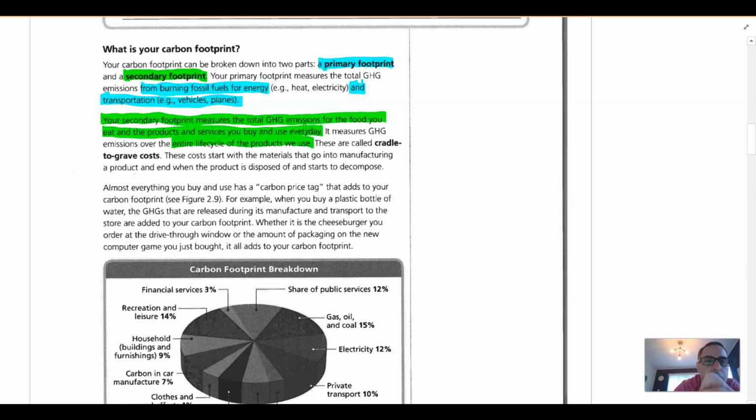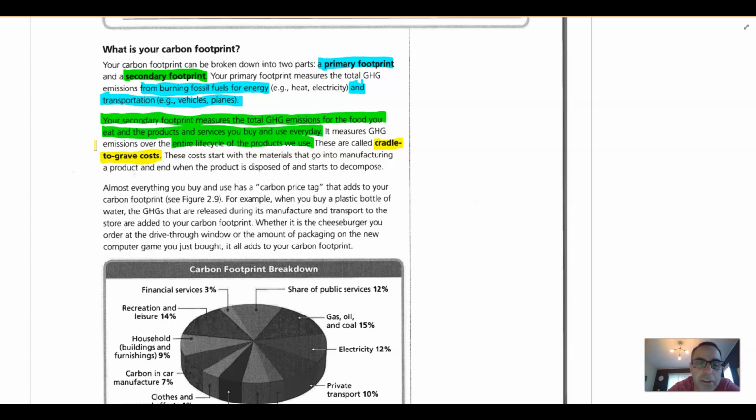These are called cradle to grave costs. We're going to do an assignment this week where you pick one item and research it and see all the different things required to make that item. And then what happens when you're done with it? Where does it go? So we're going to learn about that cycle.